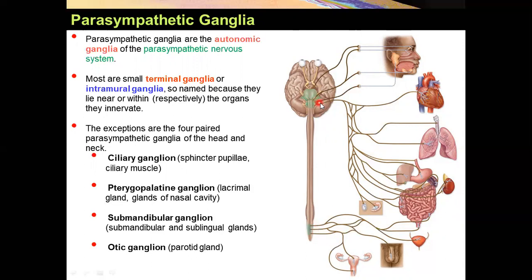And the parasympathetics inside the vagus nerve synapse in terminal or intramural ganglia. Now, if a ganglion is found on the surface of the organ, it's called terminal ganglia.